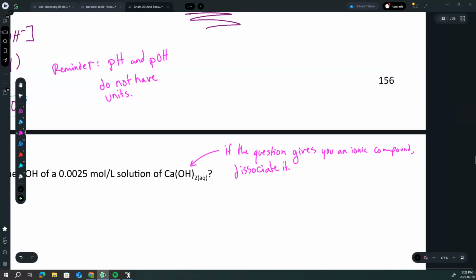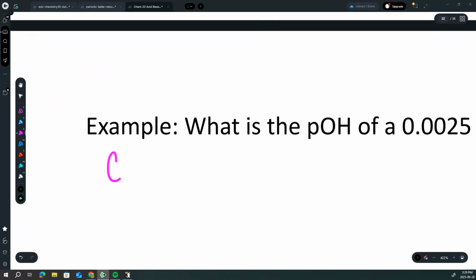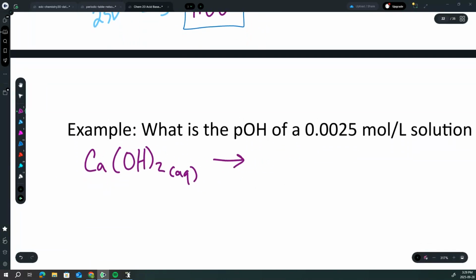Alright, so let's write our dissociation equation first. So we've got calcium hydroxide, and remember, dissociation equations only produce two products, the cation, your positive ion, and your anion, your negative ion.